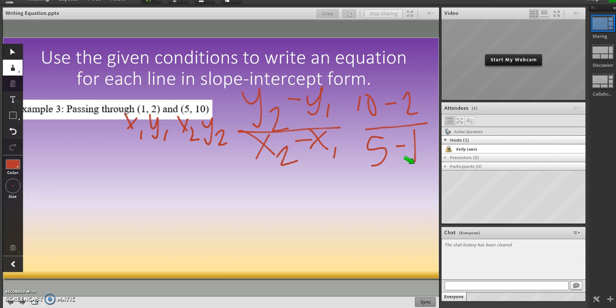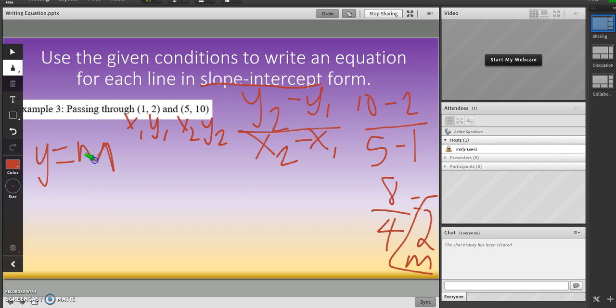Okay, so 10 minus 2 is 8, 5 minus 1 is 4. And we know 8 divided by 4 is 2, so that's my slope. But in order to find my equation in slope-intercept form, I need y equals mx plus b. I just found the m, and I need the b.